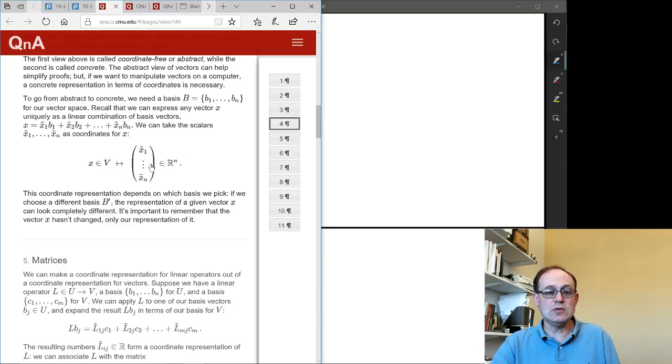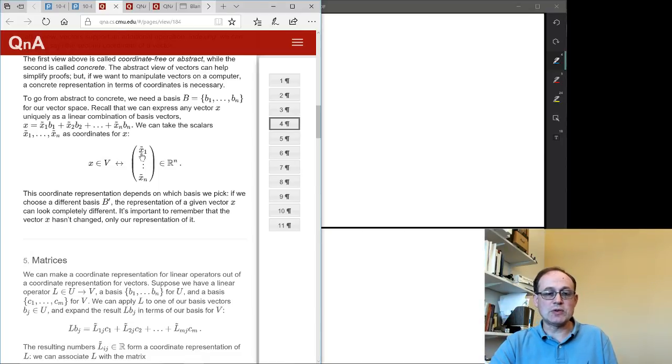And these two representations, we can think of them as representing the same thing, right? They are not the same thing, right? One is a vector in V and the other is a vector in Rn, but we can go back and forth between them however often we like. And as an illustration that they're not the same thing, imagine what would happen if we picked a different basis, capital B prime, right, with a different set of basis vectors.